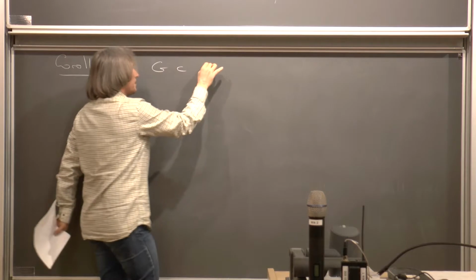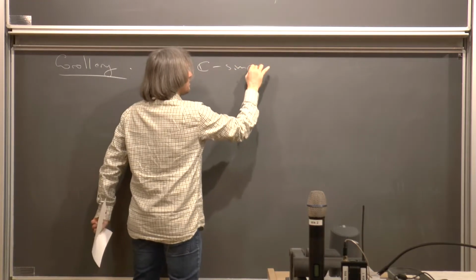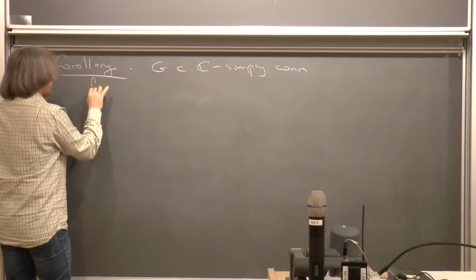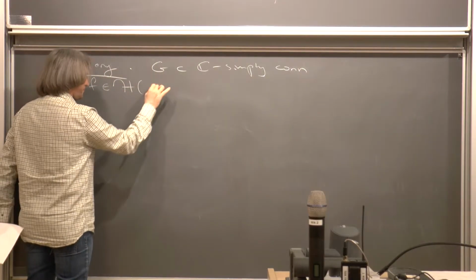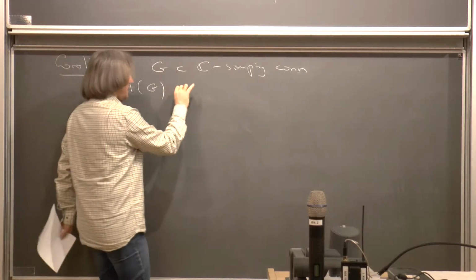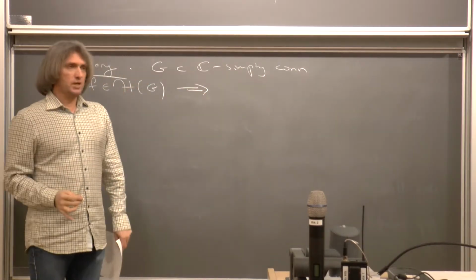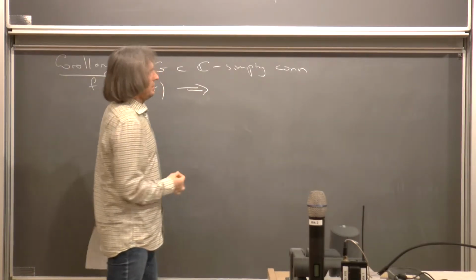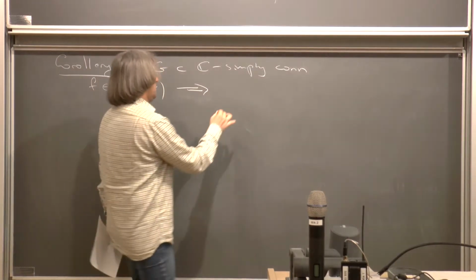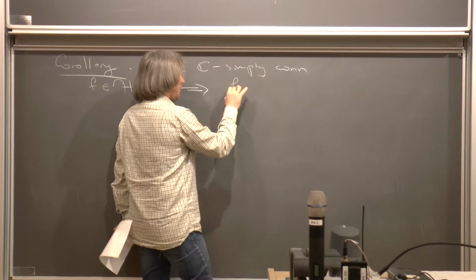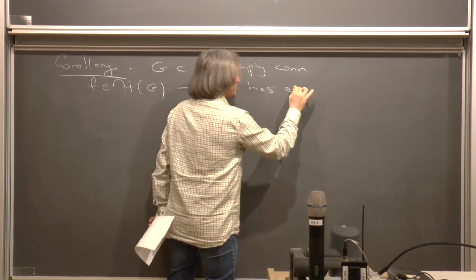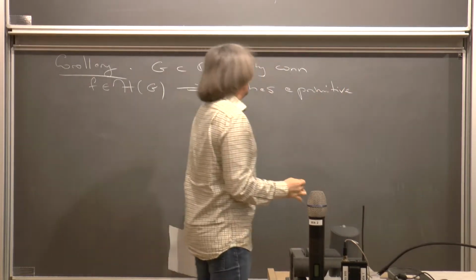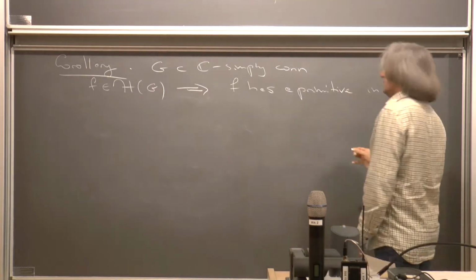So G inside C is simply connected, and f is holomorphic in G. Then, as we proved in section 2, and by Cauchy integral theorem, f has a primitive in G.